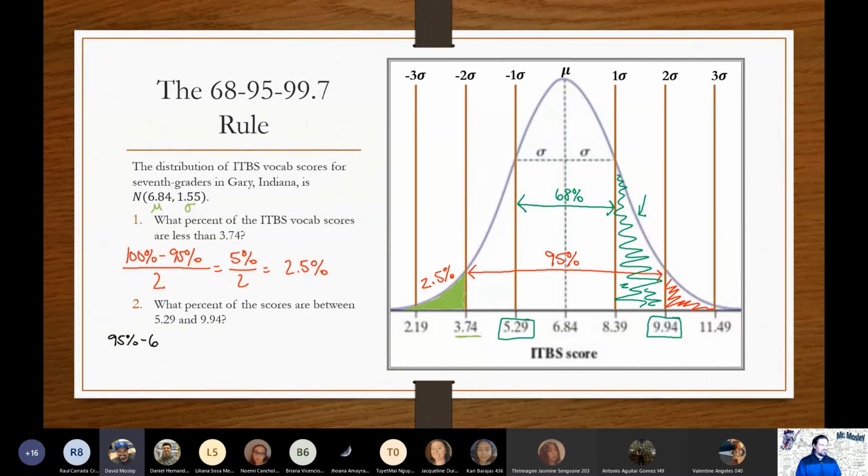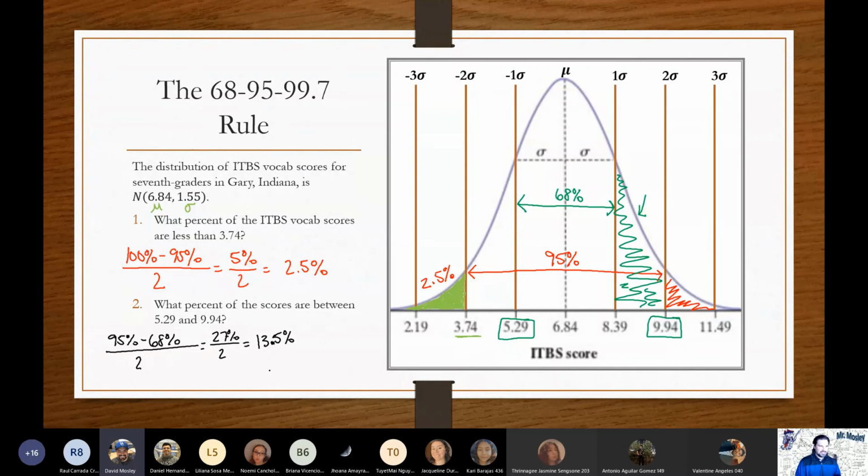I'm going to say 95 minus 68%, because I want to know what's the proportion that's just from one standard deviation to the second standard deviation. Divide that by 2. Get 27% divided by 2. And that gets me that 13.5%.